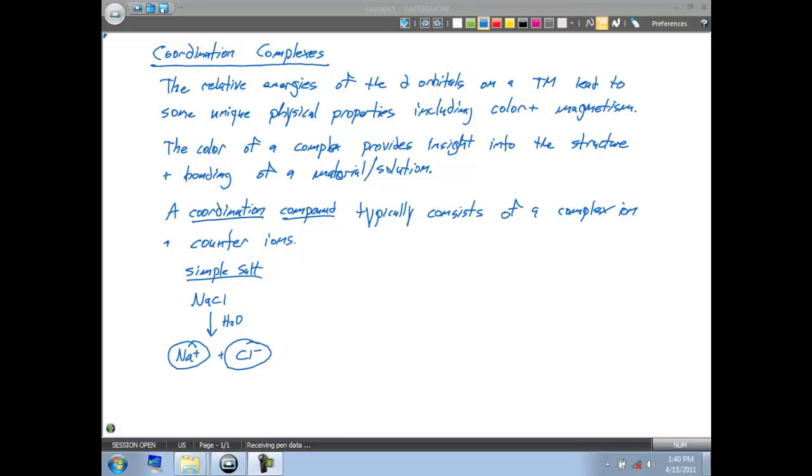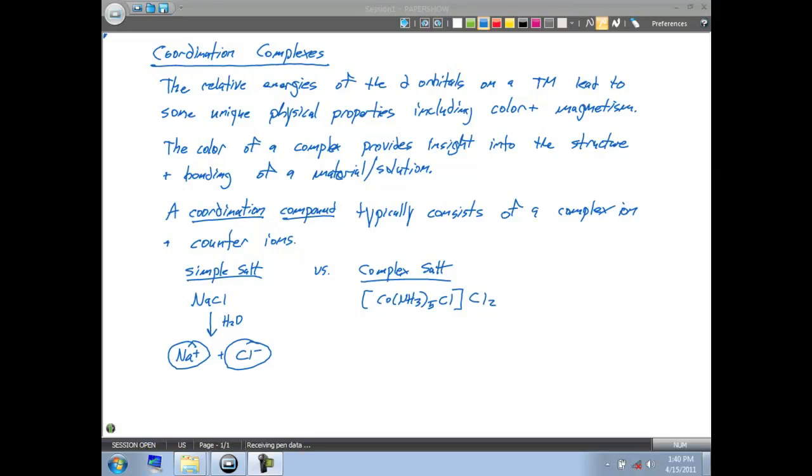In the case of these transition metal complexes, we can compare these simple salts to a more complex salt. And a more complex salt would be something like this. We have Co(NH3)5Cl, and then Cl2 outside these brackets.